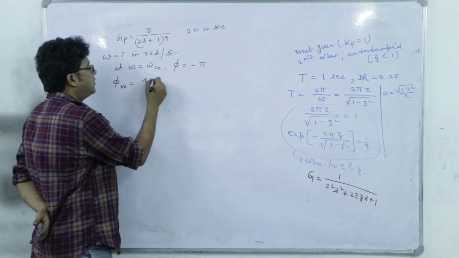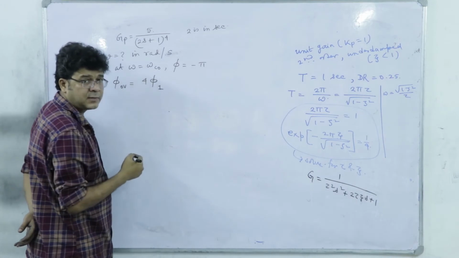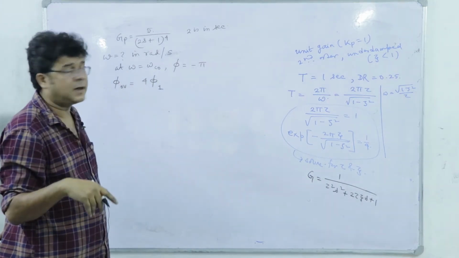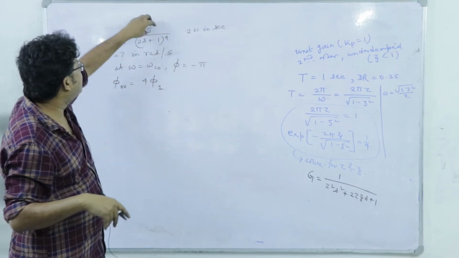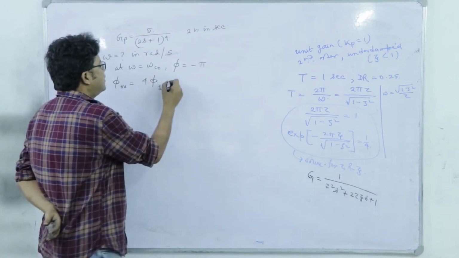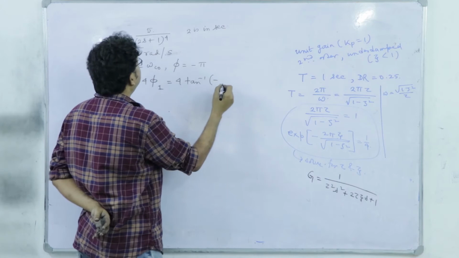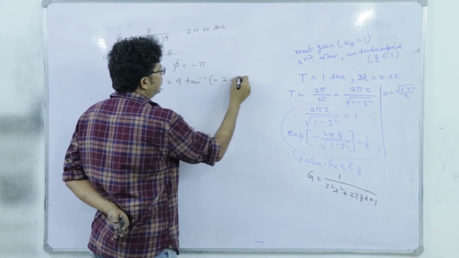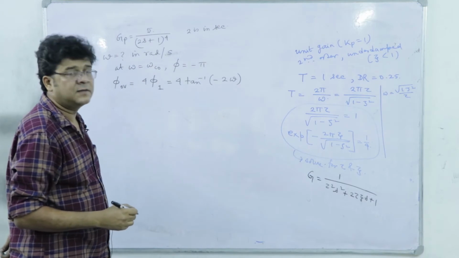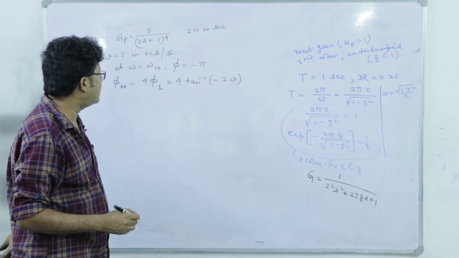So, you can write 4 phi 1, right, and 1 stands for the first order process, which has got a transfer function 1 divided by say 2s plus 1. So, the gain we can separate out, right. So, this is 4 into tan inverse of minus 2 into omega, because for a first order process the phase shift is tan inverse of minus tau p omega.